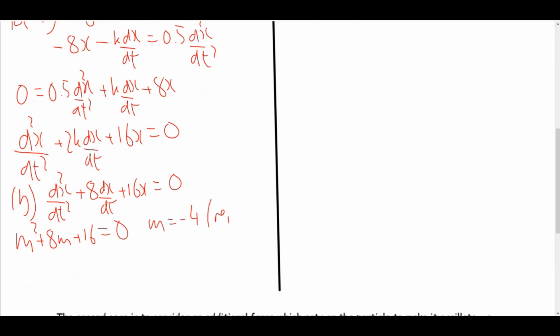That's repeated or equal roots. So therefore, the general solution is going to be x is e to the minus 4t into at plus b. This means it has got critical damping.